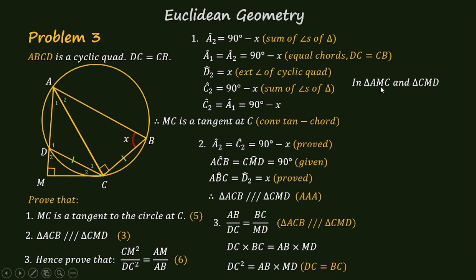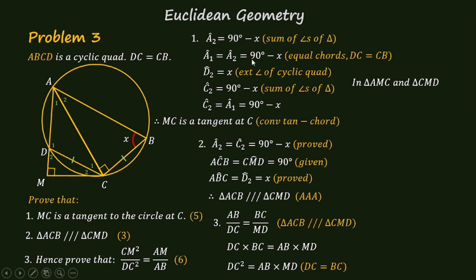In triangle AMC and triangle CMD, we see that they both share the angle 90. Angle A equals angle C. We have shown it here, that C2 equals A1.